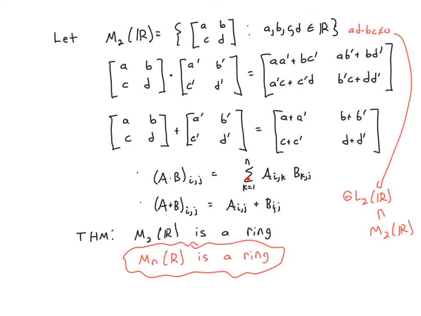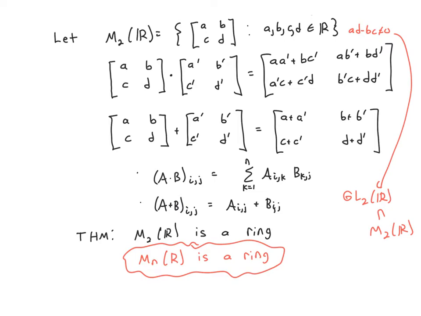The idea is that you multiply the entries in the ith row of the first matrix times the entries in the jth column of the second matrix, which means, of course, you're taking the dot product of those corresponding vectors. So the dot product of the ith row vector times the jth column vector. And so that's what I have written here in the case of the 2 by 2 matrix.